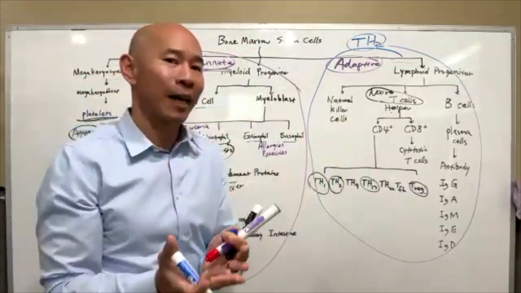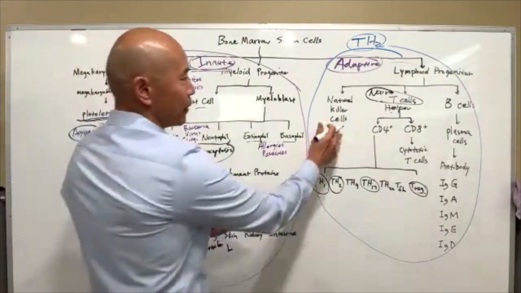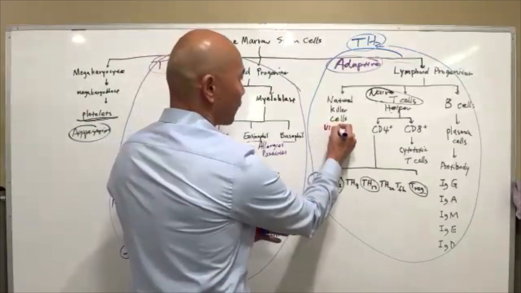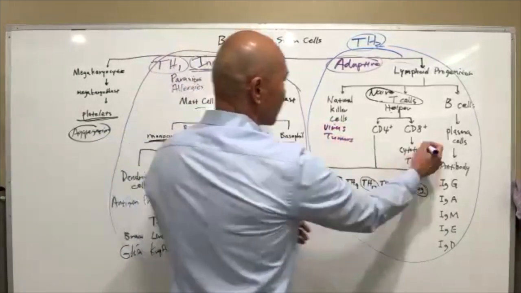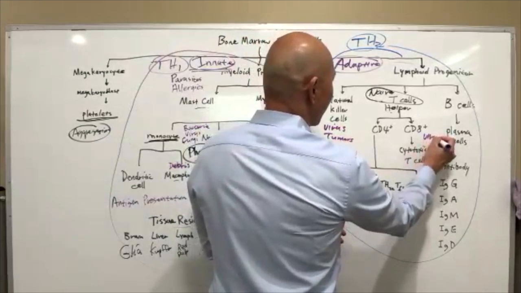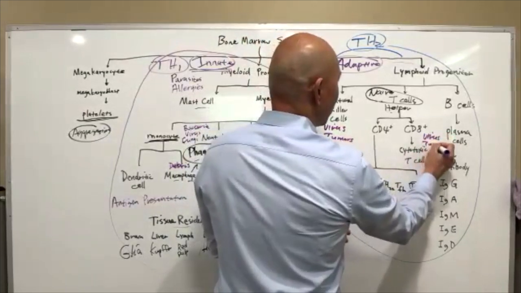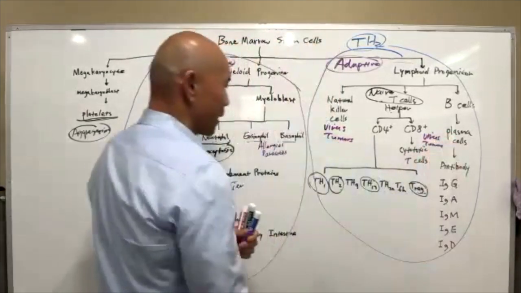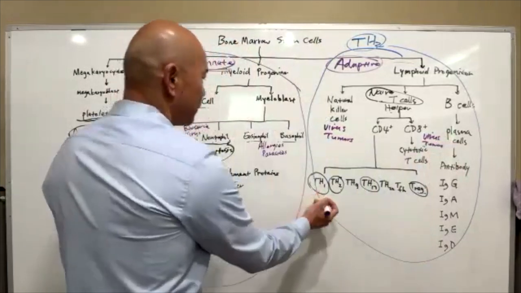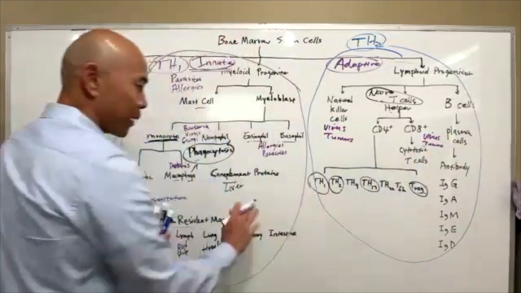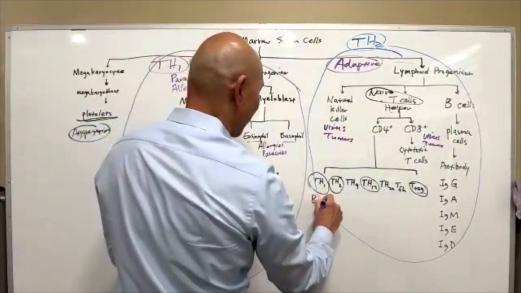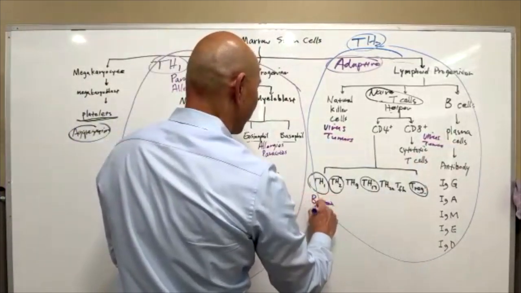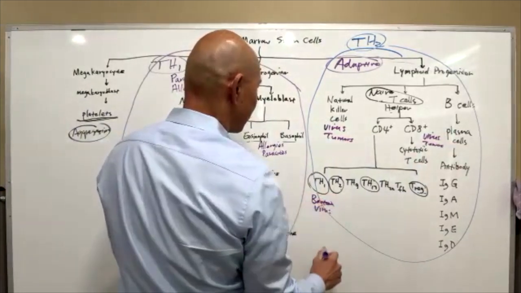Now you can see that they play together, even though they're two separate branches, but they're not separate. Everything's interconnected. So again, natural killer cells, they go after virus, tumors. Same thing with the cytotoxic T cell. They go after viruses and tumors. T helper 1 response, they can go after pretty much anything on this side. So this could be against bacteria, virus, principally.